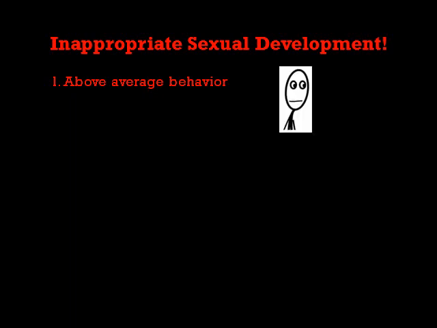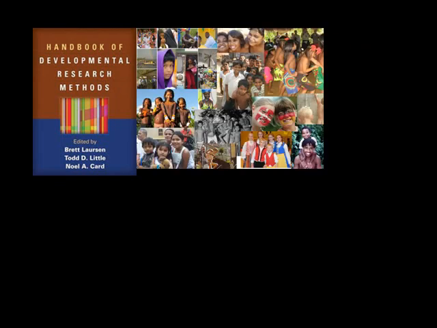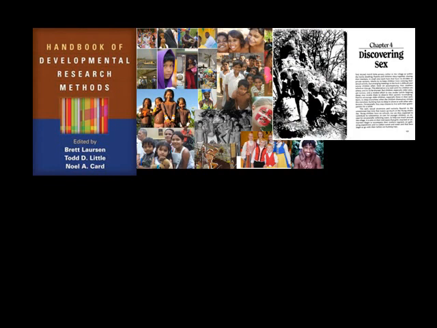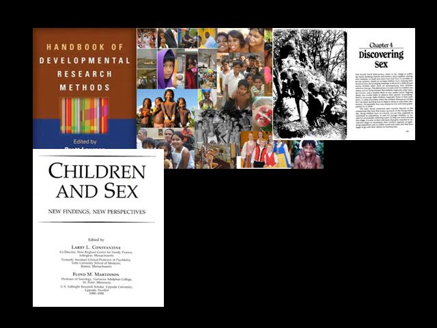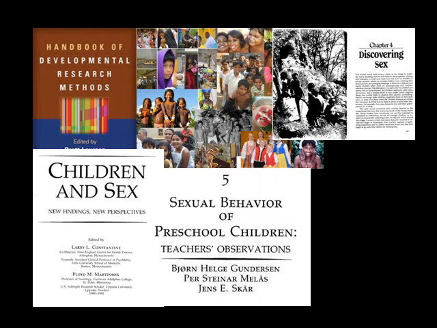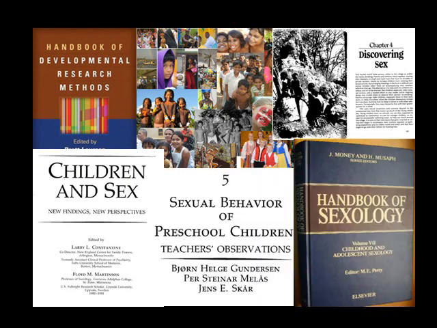The first kind of inappropriate development is precocious sexual behavior. American therapists say that sexual behavior among children is normal only if it is limited to looking at each other's genitals, or perhaps only briefly touching them. We of course ignore anthropological and developmental research finding that children often have extensive sexual feelings, desires, and fantasies, and that children vary widely in behavior due to individual and cultural differences.